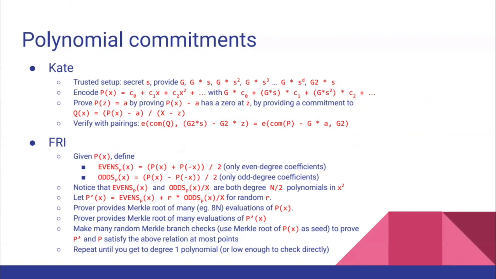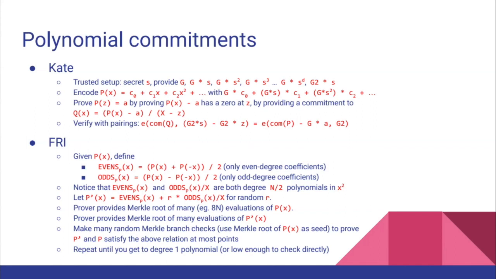You encode a polynomial by providing the corresponding linear combination of these points from the trusted setup. So if you are committing to x squared plus 5, you would provide the point that is g times s squared plus the generator times 5. Basically what this is giving you is g times the polynomial evaluated at s.